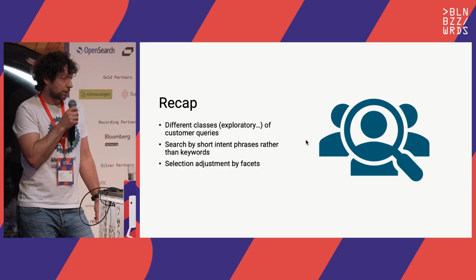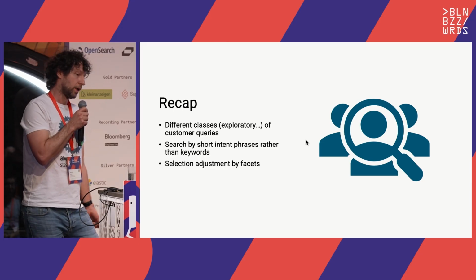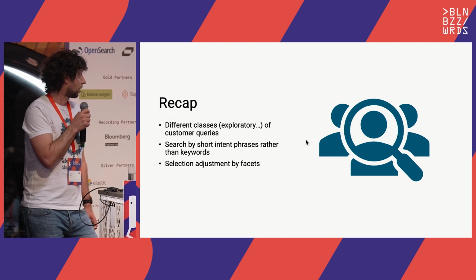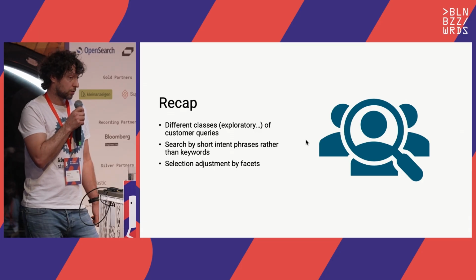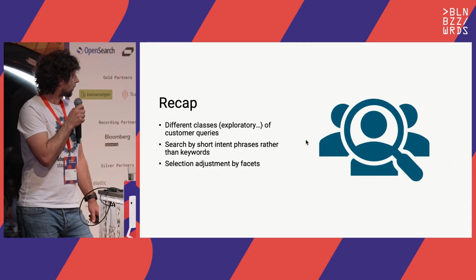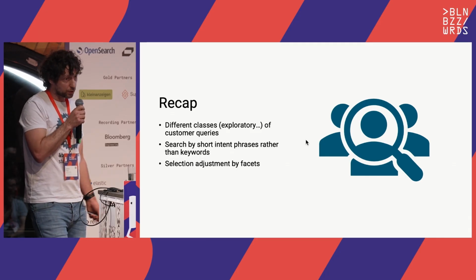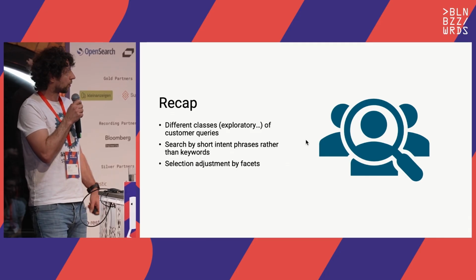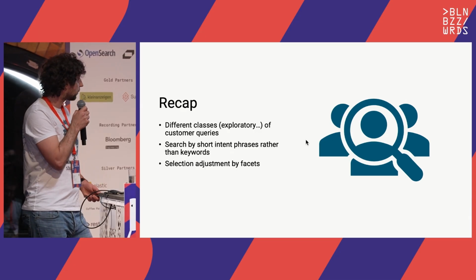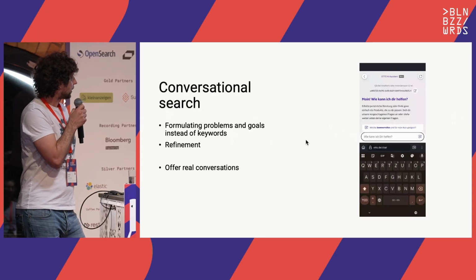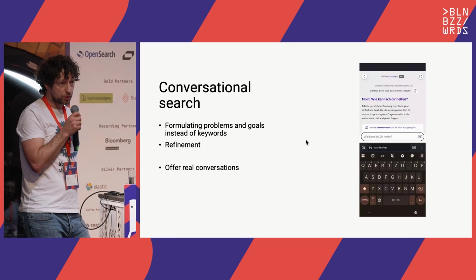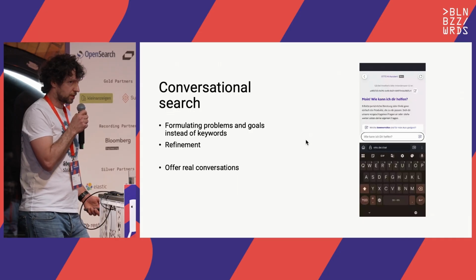We shifted from keywords towards more short-term intentions to utilize the semantic search more and also do much fewer requests to our search engines, and then tried to shift the afterwards adjustment to a more upfront adjustment using filters, facets, and keywords. And when you do this, you're getting a more and more intelligent search slot.